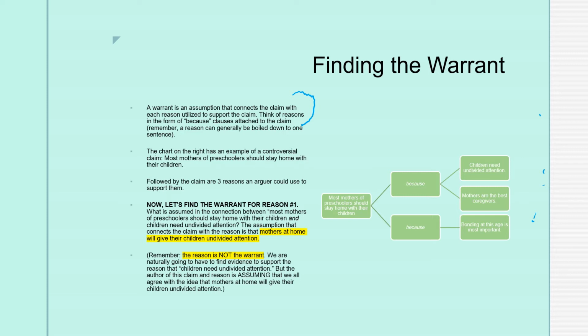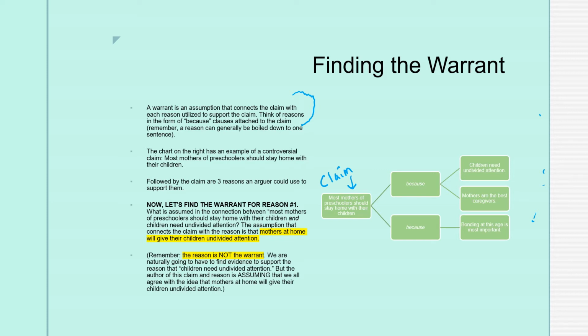The chart has an example of a controversial claim. So here is the controversial claim right here. Most mothers of preschoolers should stay home with their children. That's definitely controversial. It is arguable, not factual. Many people would not agree with that. Some people would, but I'm trying to persuade people of that position.